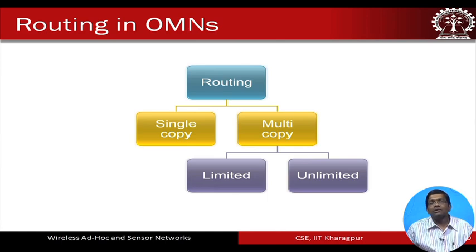So, multiple copies of the message are sent. I think it is very clear by now why one would go for multi-copy replication, multi-copy forwarding in the case of OMNs. The reason is that what is very fundamental is to ensure that at least a single copy of the message gets delivered to the intended destination node.